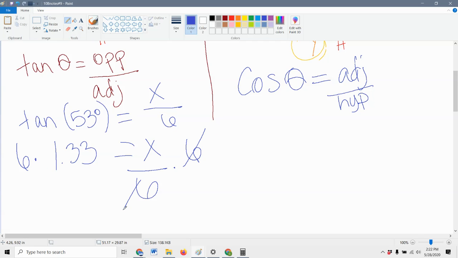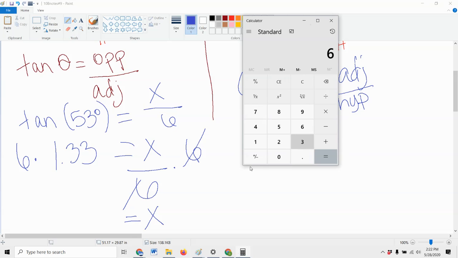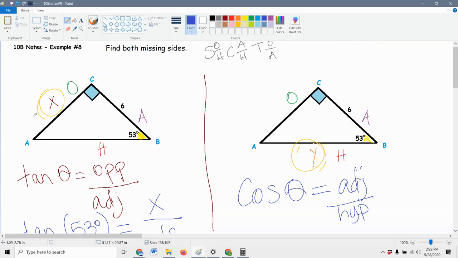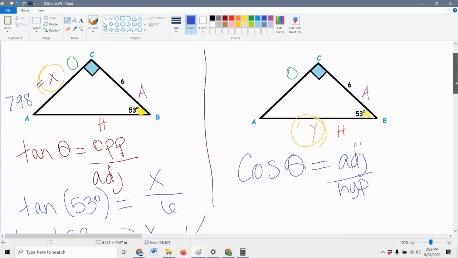Up 6 and down 6 will cancel, and I will get x. It will equal 6 times 1.33, and that is 7.98. So x is 7.98. Now let's come over here and finish up for y.